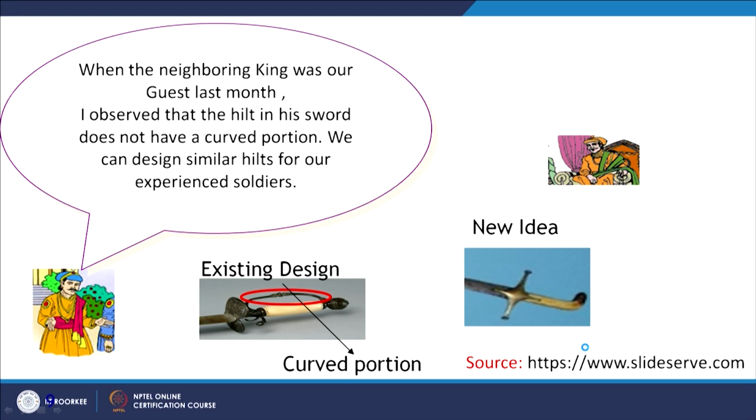We can see that here the curved portion is not required, and these types of swords can be given to the experienced soldiers who do not require protection with the help of a curved portion, because they are experienced and their grip is better. The old designs can be given to the newly recruited soldiers who need experience of handling a sword. So, what is this idea?